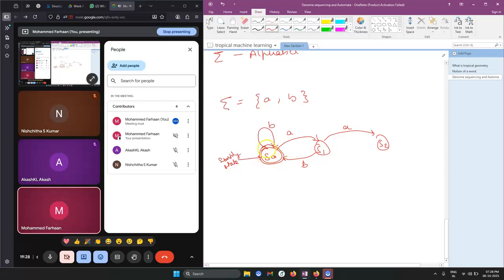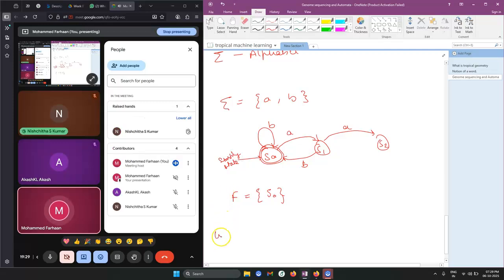Now, for this particular example, I'm going to say that F, or my final state, or my accept state, is going to be the initial state as well. And with this example, I would like to ask a question that won't be obvious now, but we'll break it down together. What is this automata even doing?